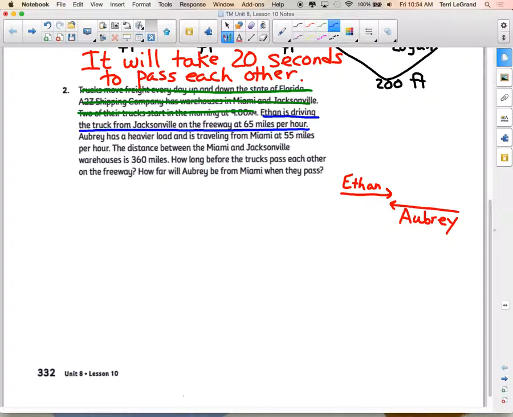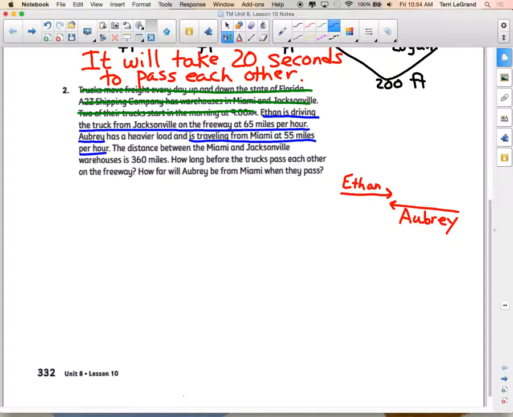Aubrey has a heavier load and is traveling from Miami at 55 miles per hour. Okay, so it kind of seems like the part that Aubrey is traveling from Miami at 55 miles per hour, that's really kind of the important part, isn't it?